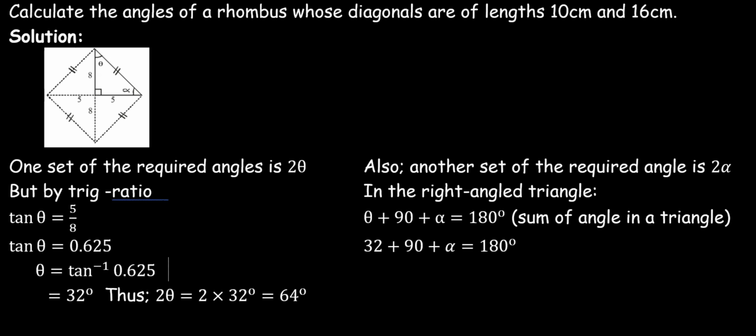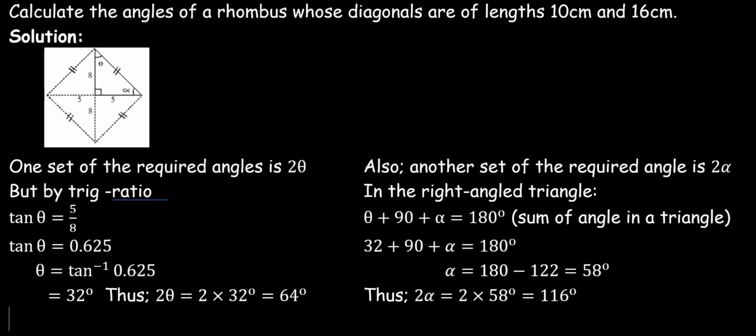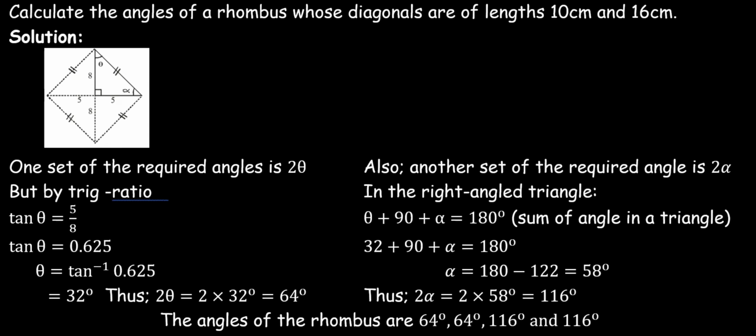Simplifying, alpha is equal to 180 minus 122, which is equal to 58 degrees. 2 alpha will be equal to 2 times 58, which is 116 degrees. From here, we can deduce our result as the angles of the rhombus are 64 degrees, 64 degrees, 116 degrees, and 116 degrees. We've come to the end of the examples under this subtopic.